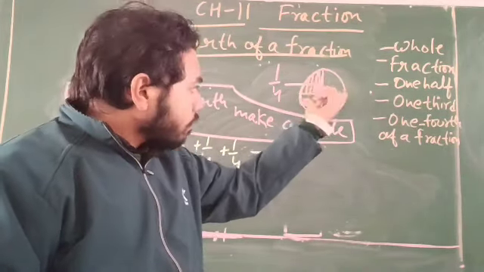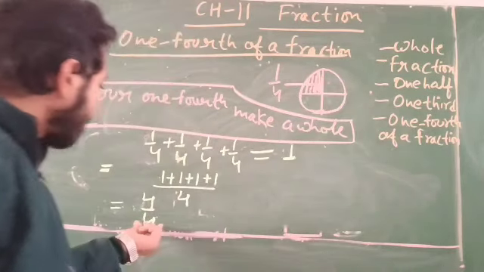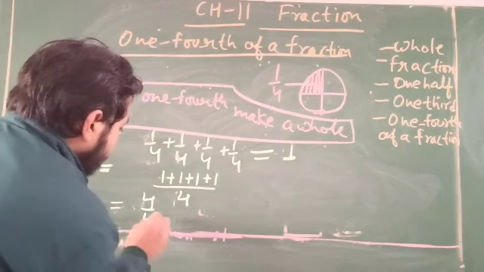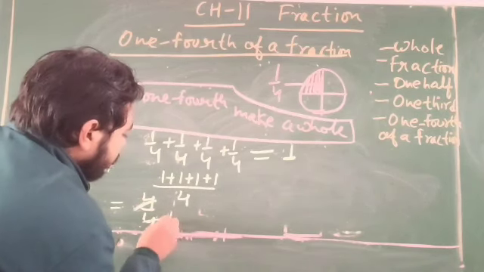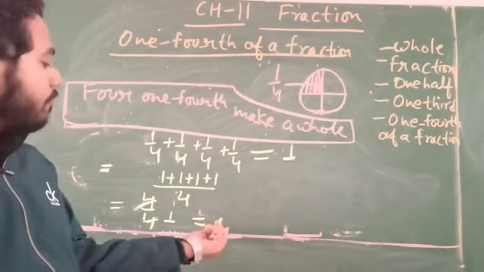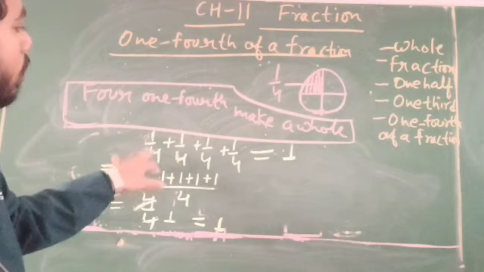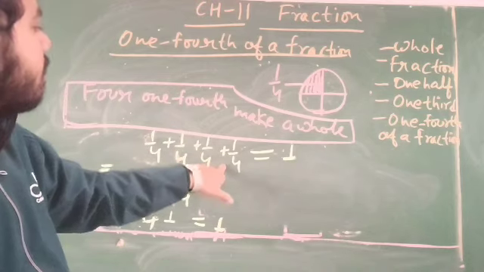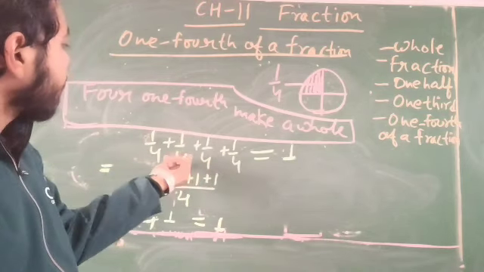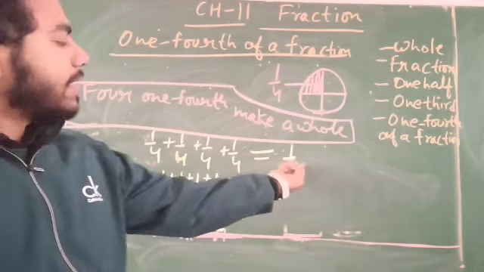It means you have the whole circle. So 4 by 4 means 1. So 4 times when we are adding 1/4, we get a whole.